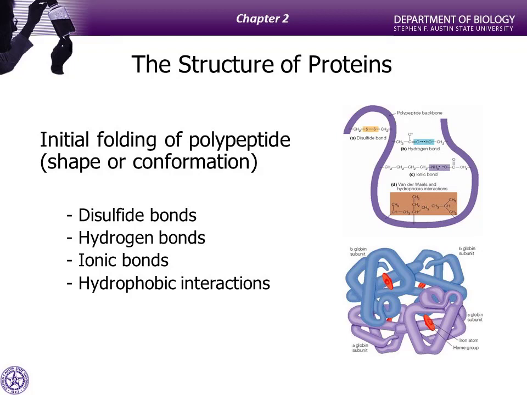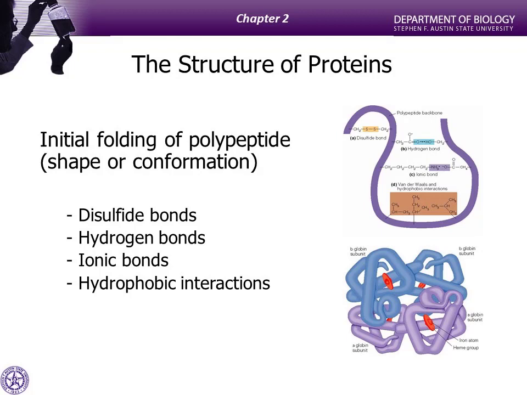So one word that you're going to hear a lot as we talk about proteins and as we move into enzymes, because most enzymes are proteins, is the term conformation. When we say conformation, we're talking about the shape or structure of a particular protein. Now, we talked about the beta sheets and the alpha helices forming by hydrogen bonds. Well, you can have a lot of different kinds of bonds. We can have some covalent.